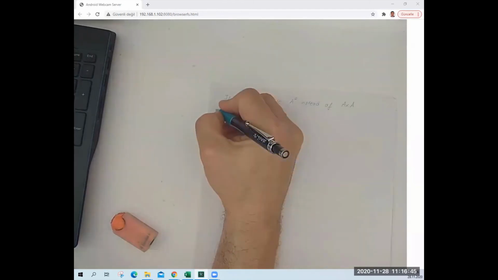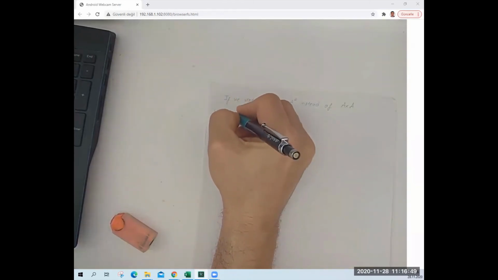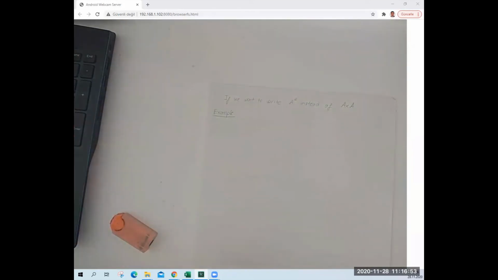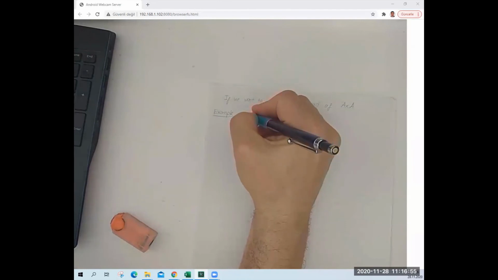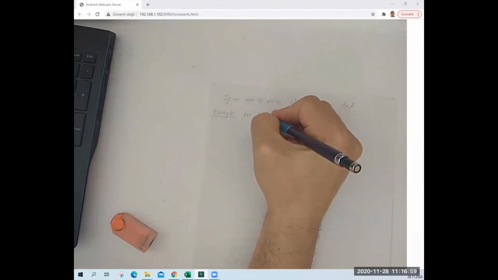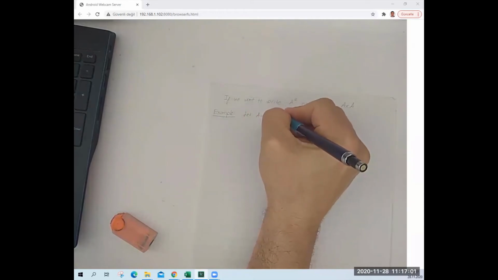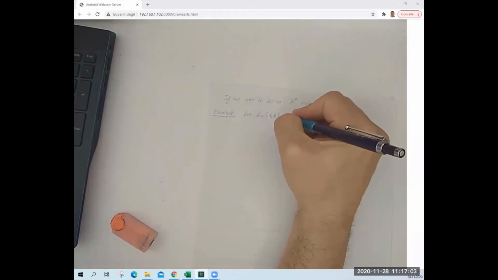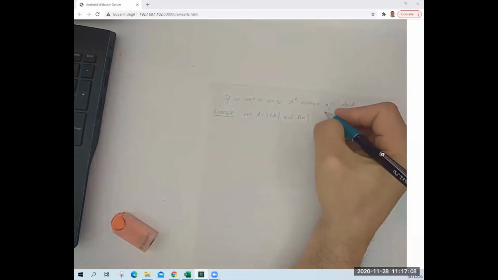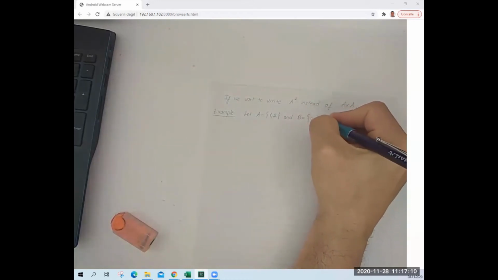Okay, let's write a simple example. We have set A, let A equal {1, 2}, and there is the set B, and inside of B, a, b, and c.